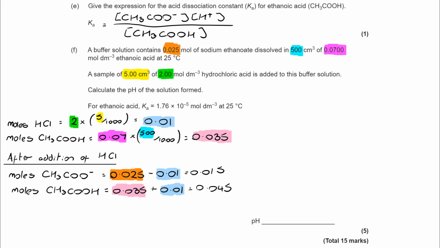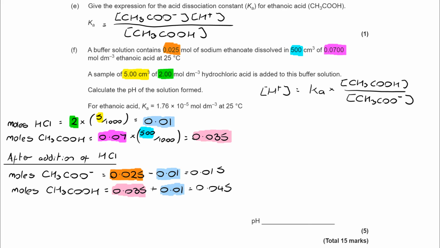I know that I started with 0.035 moles of ethanoic acid, and I know that that's going to go up by 0.01 because those ethanoate ions that have gained H pluses have become CH3COOH. So I've now got my molar quantities after the addition of a small volume of acid.